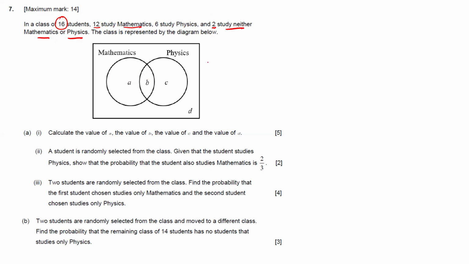What is outside of the circles right there. So this one is 2. Okay, all right. The class is represented by the diagram below, A, B, C, and D. Calculate the value of A, the value of B, the value of C, and the value of D. So one thing that we know is that D equals to 2.